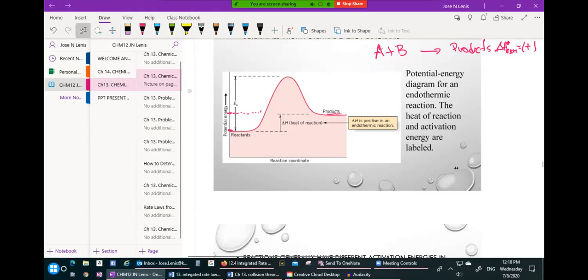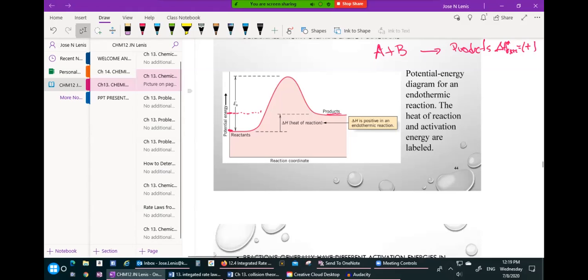So you increase temperature, for example, or light, or electromagnetic radiation, depending on your reaction. You start to increase temperature and molecules start to move faster and faster. And now they start to collide.